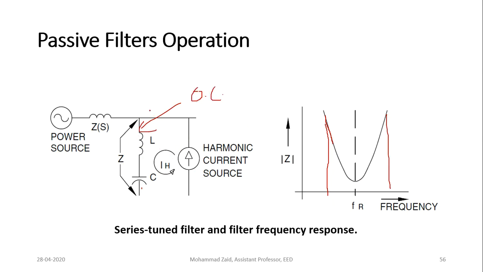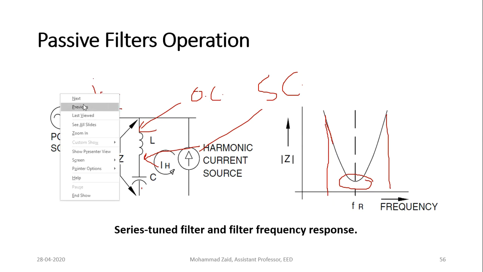For harmonic current, the branch will be acting like a short circuit. Why short circuit? Because at this particular frequency, the impedance shown by the branch is very small, so the current gets passed through it, and it does not go into this part, that is, it does not distort the source current. The source current remains free.